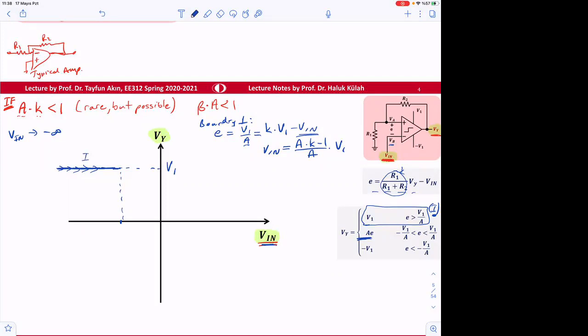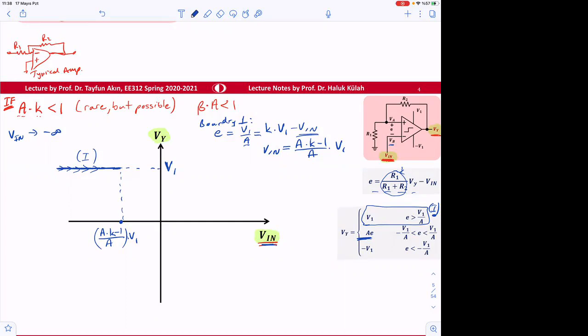So this is the case where the signal is 1. And for this value of Vin, which is A times K minus 1 divided by A times V1, V1 was this voltage, of course, things will start changing.